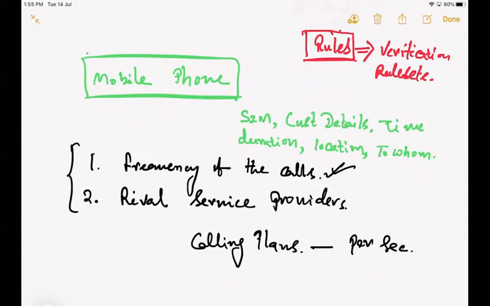At the same point of time, if I try to find out who are the other service providers where this particular customer is making the calls, I can go ahead and send some promotional text to the call recipients to come and join this network so that the call is going to be free, or I can provide some other option.